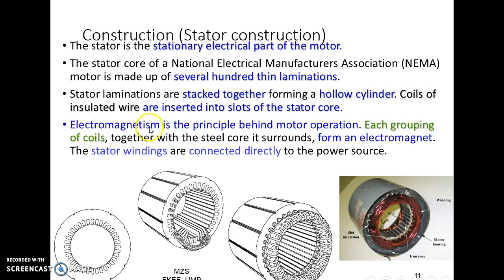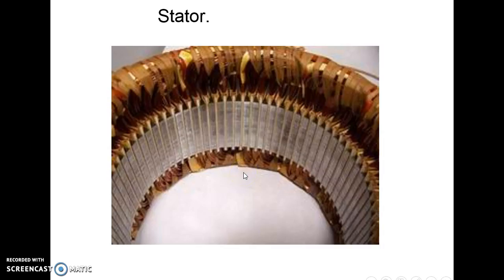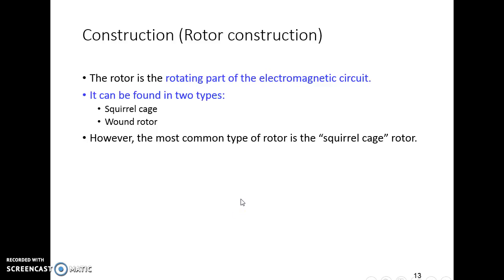Coils of insulated wire are inserted into the slots of the stator core. Electromagnetism is the principle behind motor operation. Each grouping of coils, together with the steel core it surrounds, forms an electromagnet. The stator windings are connected directly to the power source. And this is the physical view of the stator.